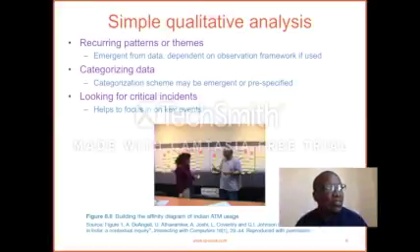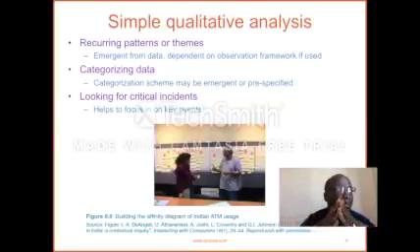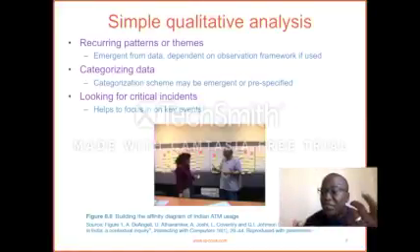So this is one way you can group your qualitative data that you may have collected as a result of whatever study you might be engaged in. For instance, in this case, they are looking at ATM usage in India, and the results from this can lead to probably a redesign of the ATM and the way it is used.